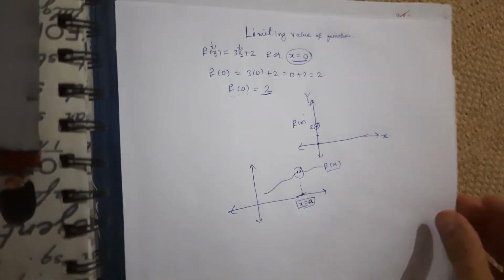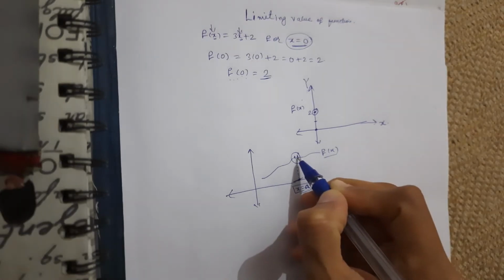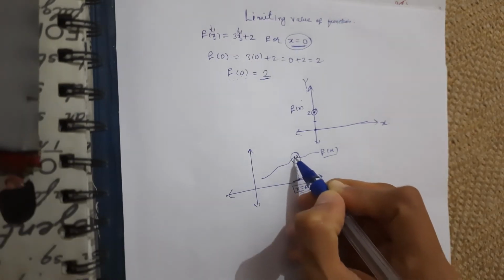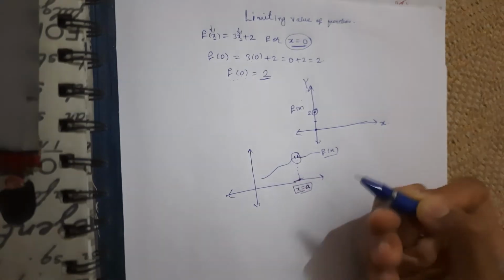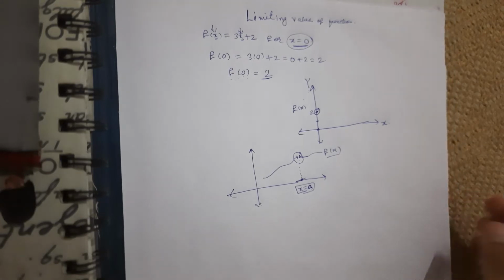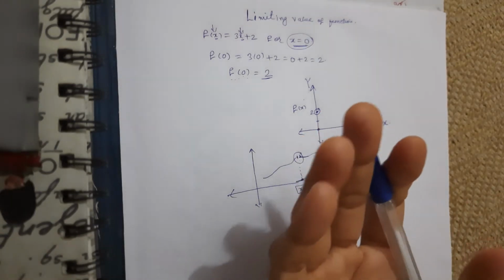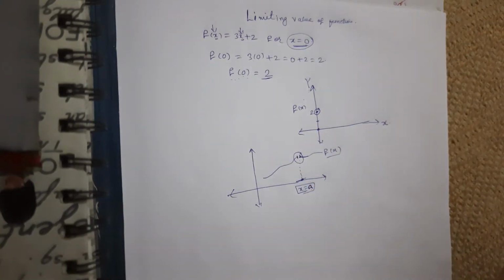So in simple meaning, at x equal to a, I will take the nearest value of f of x, the very nearest value of f of x, and that is called the limiting value of the function. The word limiting or limit has the same meaning that we use in our daily life. Suppose I say that's my limit, that's enough, you cross my limit.